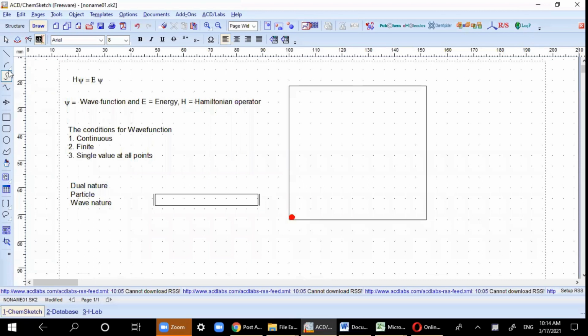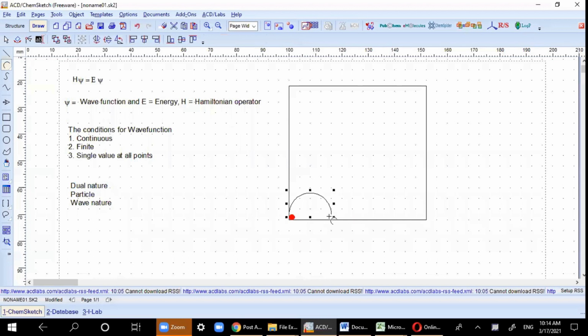Now let us assume the electron is at this point. If it has a wave nature, the electron will be moving. According to de Broglie, the electron has both particle nature and wave nature.